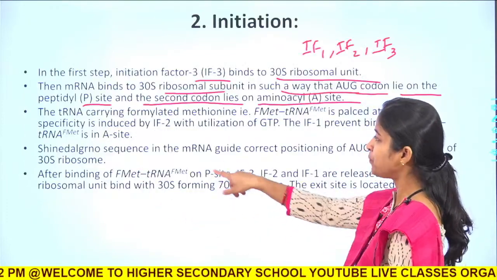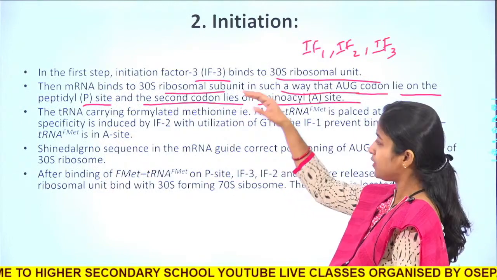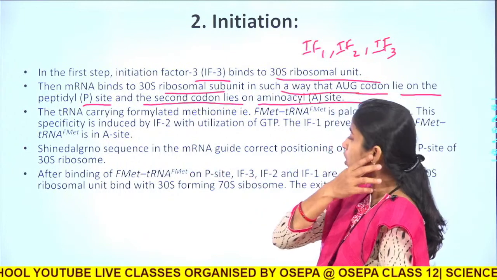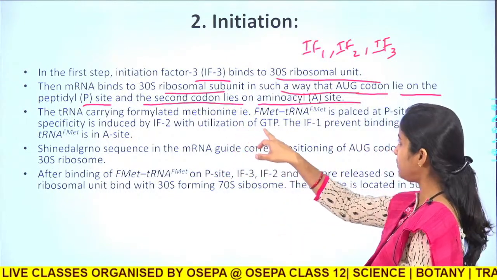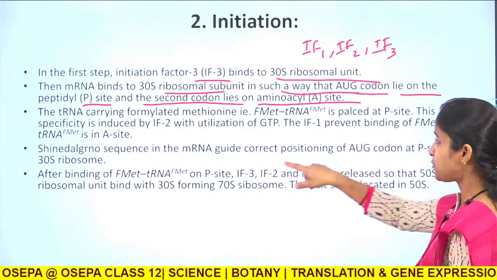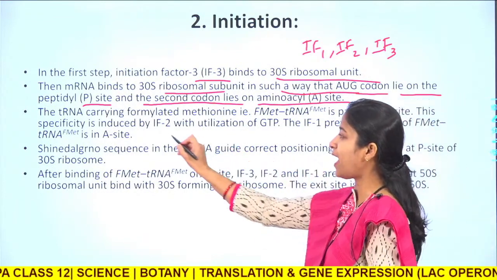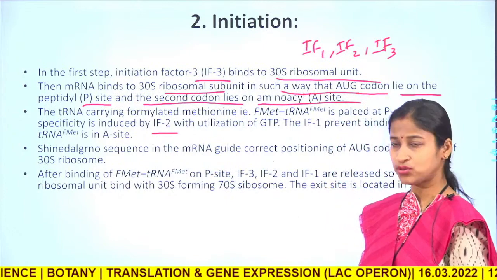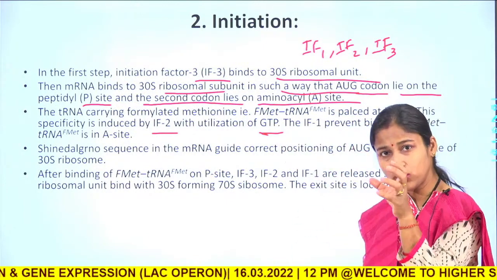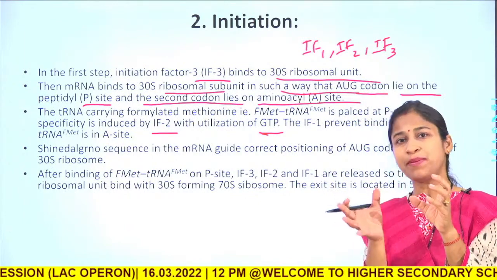The second part is that the tRNA carrying the formylated methionine is placed at the P site, no doubt. This specificity is induced by another factor called IF2 with utilization of a GTP molecule. The IF2 factor has a GTPase activity.